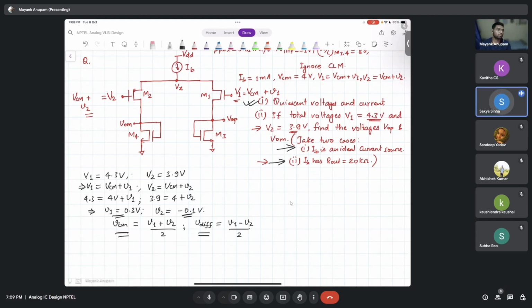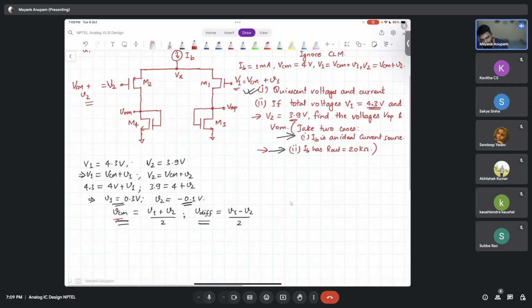But when you do this, you have a small vcm, and that is your common mode signal. Then your total common mode will be VCM plus this vcm. Now this VCM here is the bias voltage. Small vcm is the common mode incremental signal.